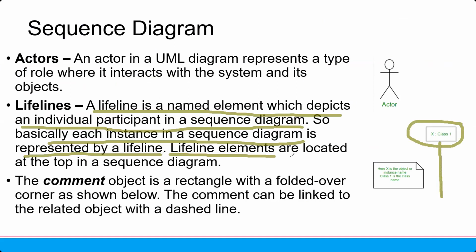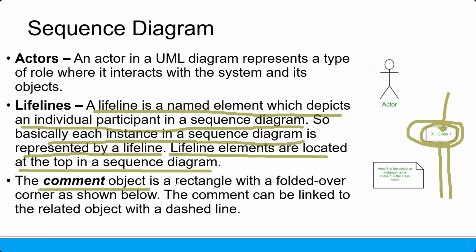So lifeline elements are located at the top in the sequence diagram. So this is the lifeline, and we can have this line to indicate whether this object or this element exists or not.